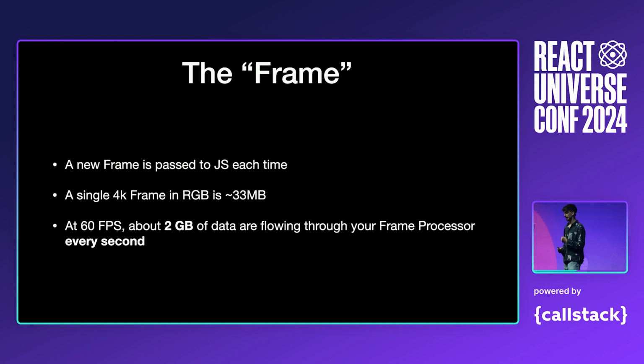After just 1 second, if we stream at 60 FPS, we have 2 gigabytes of data flowing through our JavaScript function. A camera on a modern iPhone can run at 240 FPS. So that's, I think, 8 gigabytes per second. So you just need, I think, 2 minutes for a full terabyte of data flowing through your JavaScript function, which is backed by a GPU buffer. So it's GPU memory, but still a lot of data.